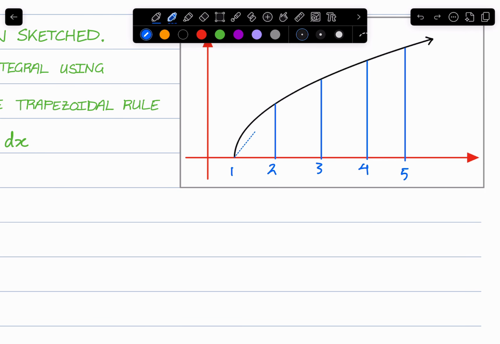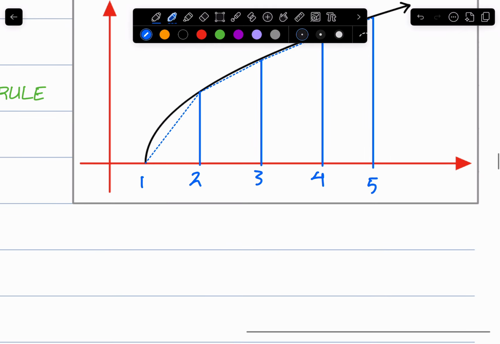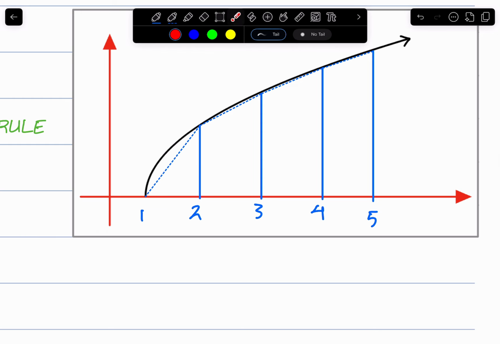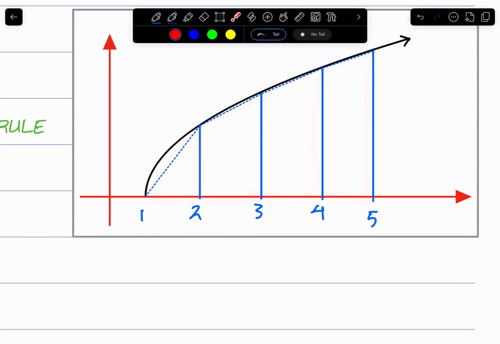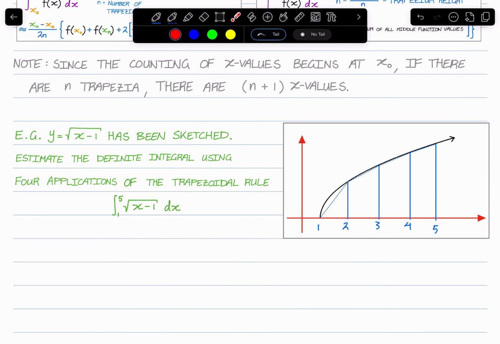We're literally going to draw from one function value to the other function value. So I hope you're seeing what this is actually doing. We are calculating now the trapezium like this. And you can see that this is going to be an underestimation.